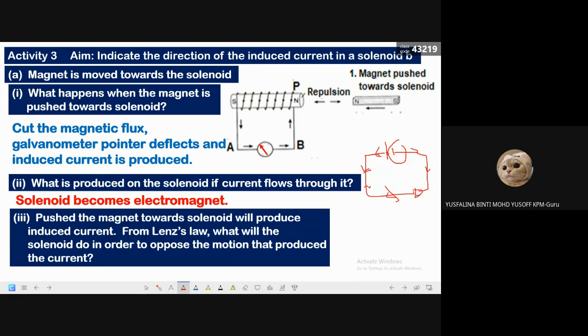So you just need to remember, even though the direction of the current is going to the right, the direction of the galvanometer goes to the left, because the flow of electrons is actually the opposite way, right?